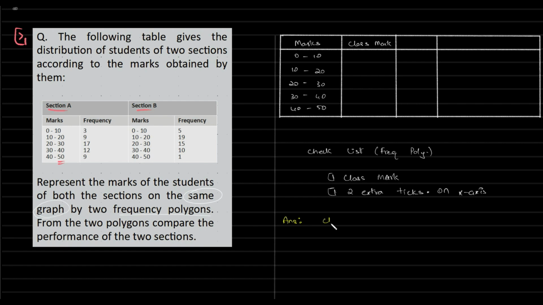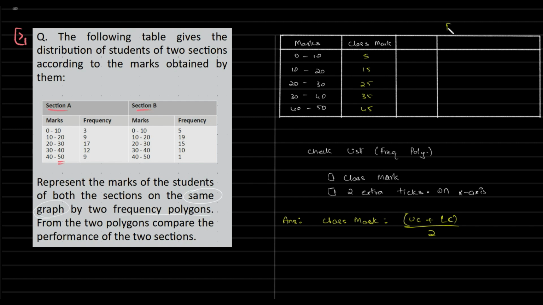The class mark is nothing but the average between the upper class limit plus the lower class limit of the same class, divided by 2. Basically the average between the values. This is 5, 15, 25, 35 and 45.